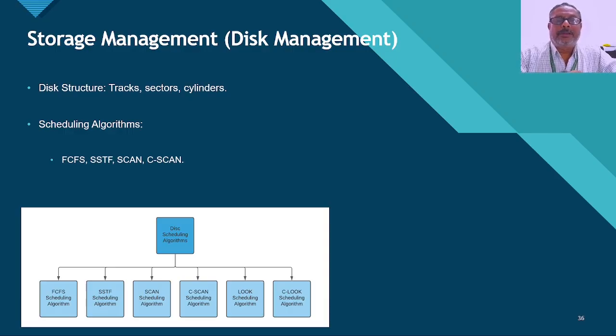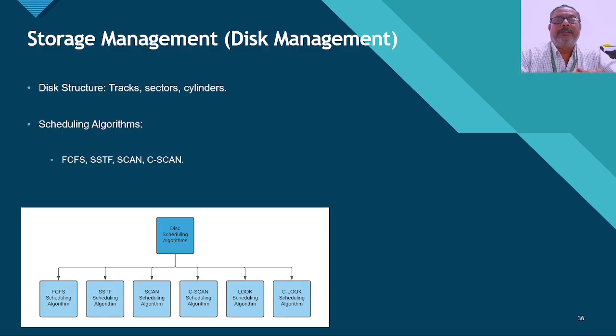So it's not necessary that every part of the file is on the same disk, or the same track, or the same sector. To make sure that everything is read properly, the movement of the heads and the movement of the disk should be done in such a way that with minimum movements we are able to complete all the tasks.